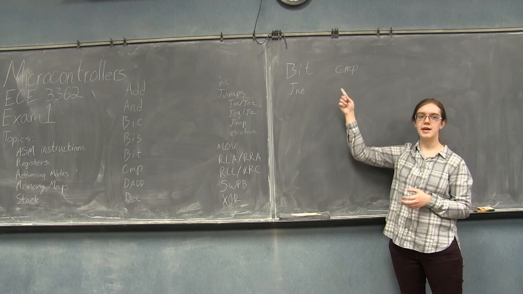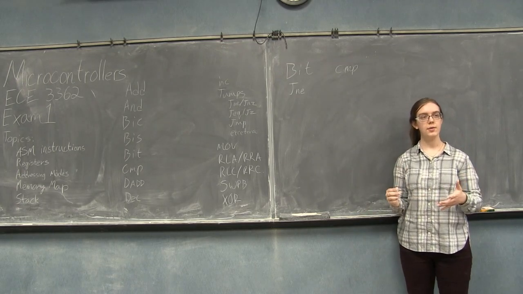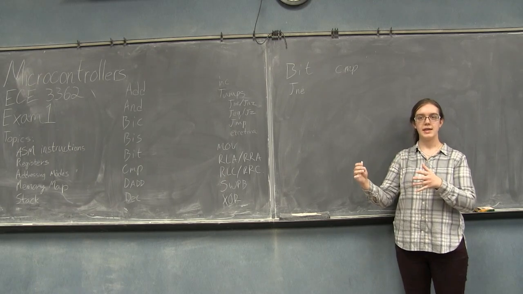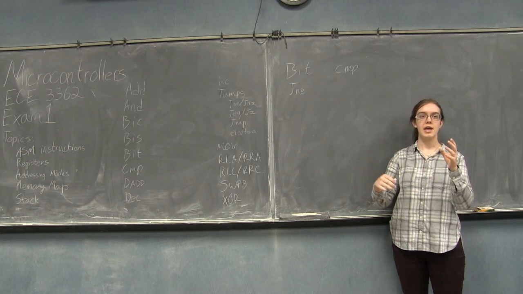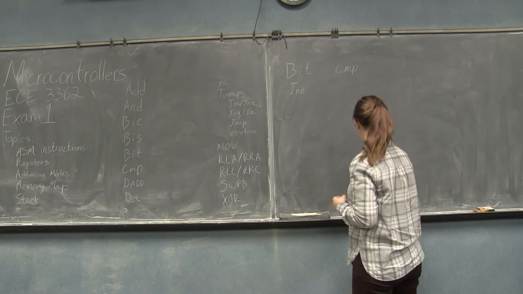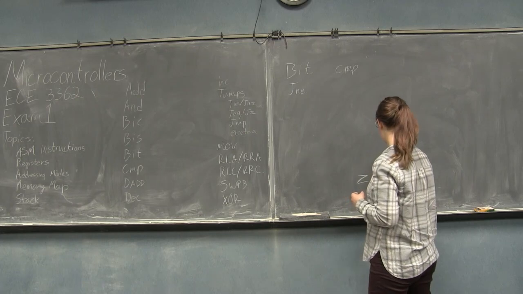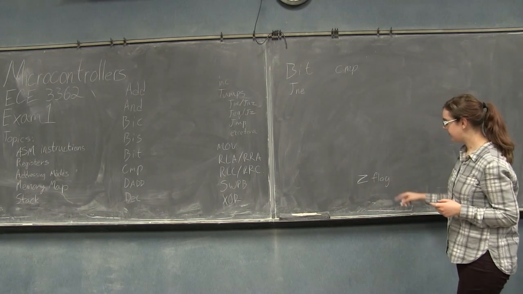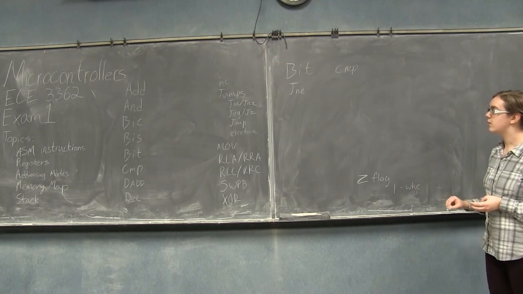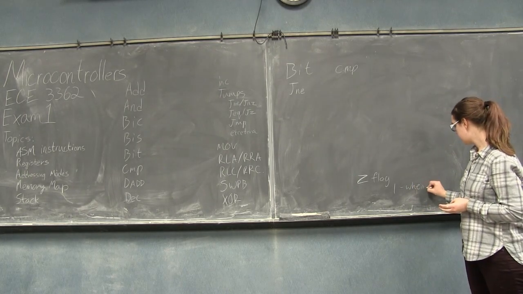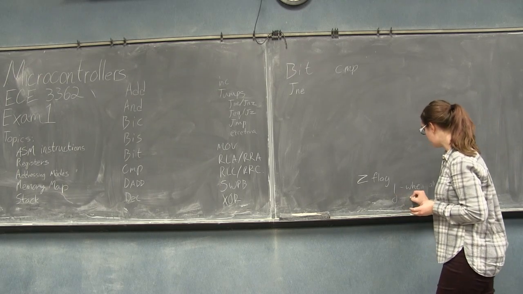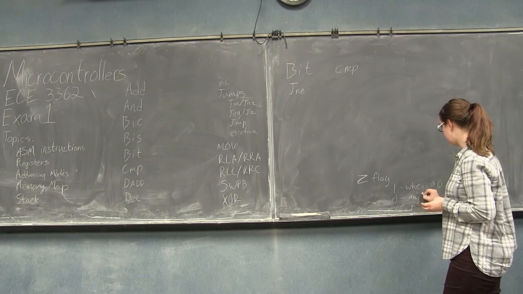Because what bit test does is it tests the value in the register, and depending on that value, it will say, is this 0 or 1, and it will set the Z flag. The Z flag is 1 when the previous answer was all zeros, and 0 any other time.